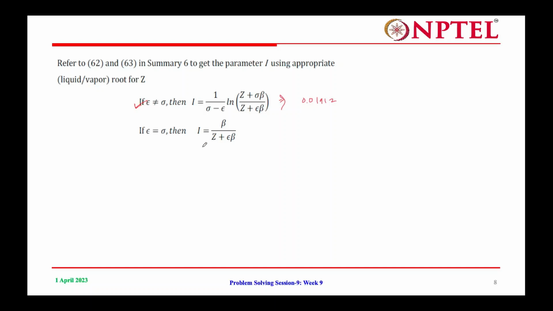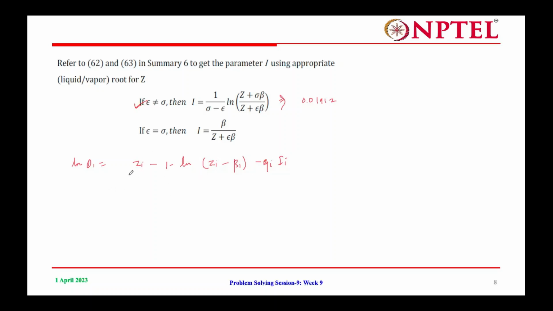So now ln phi I is equal to (Z minus 1) minus ln(Z minus beta) minus q I, and all the values we have calculated.